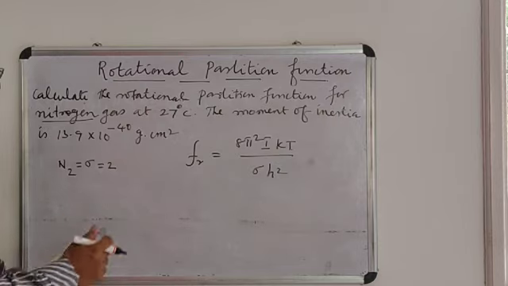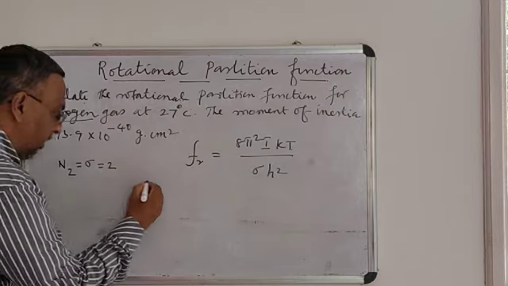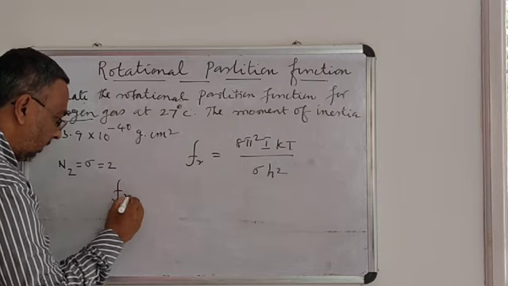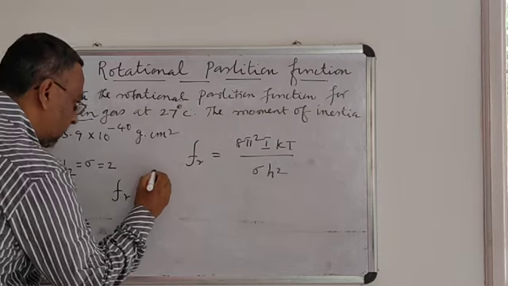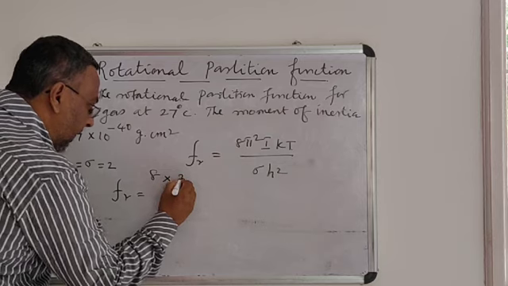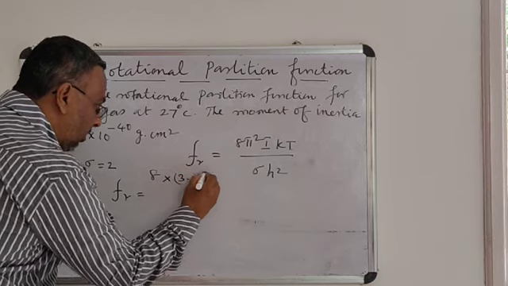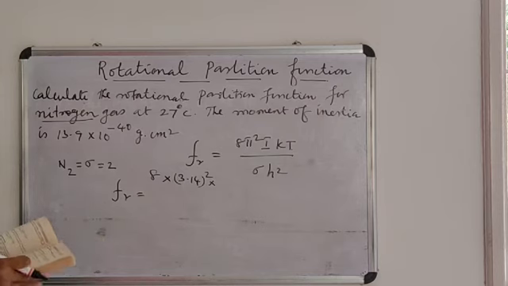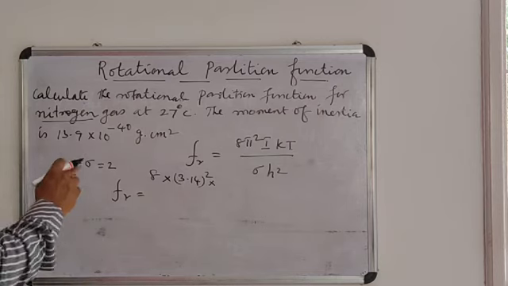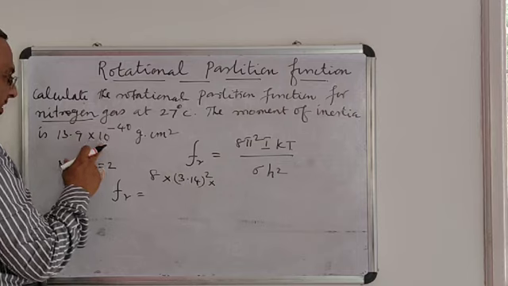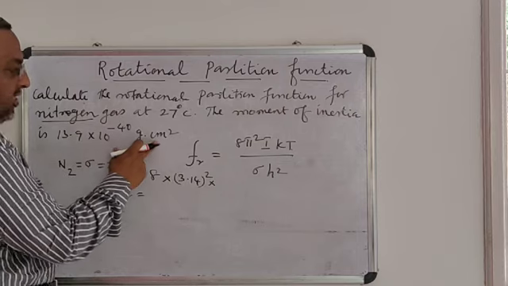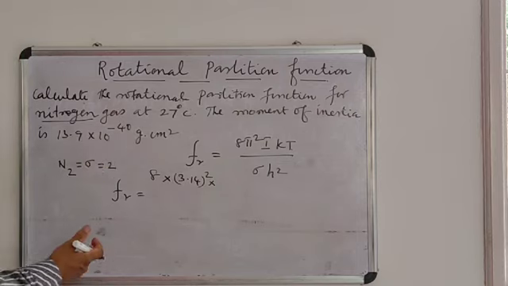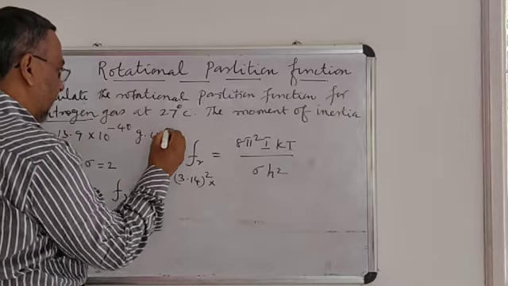Okay, then I am substituting the value 8 pi square, 3.14 whole square, into I. See, the value of I is given in CGS method. We have to convert it into MKS method.